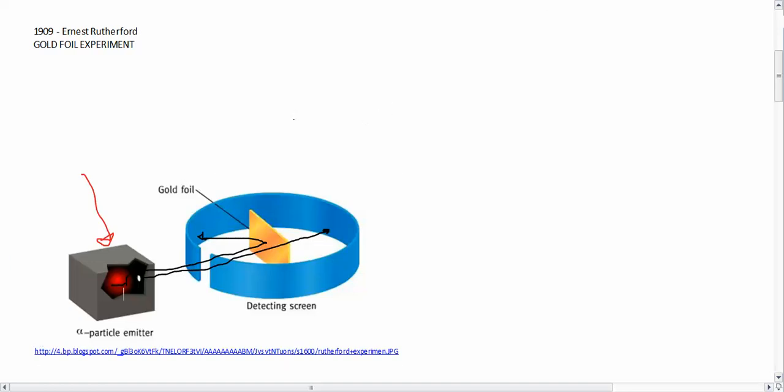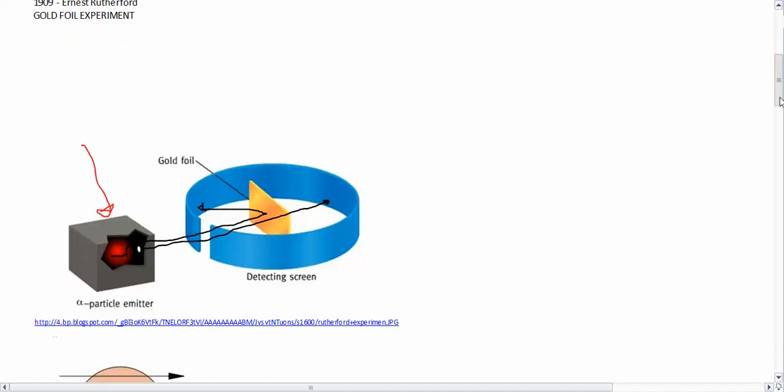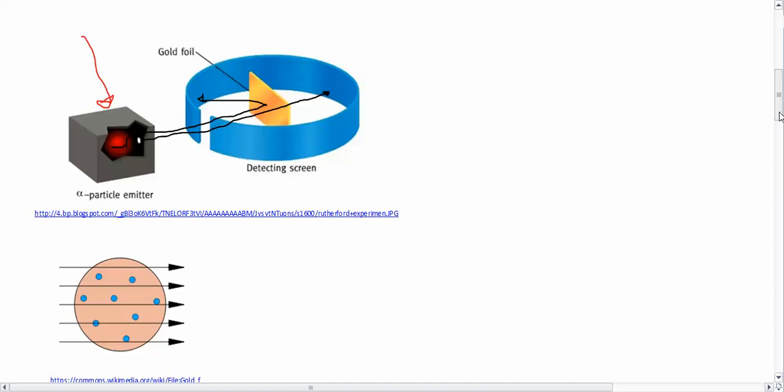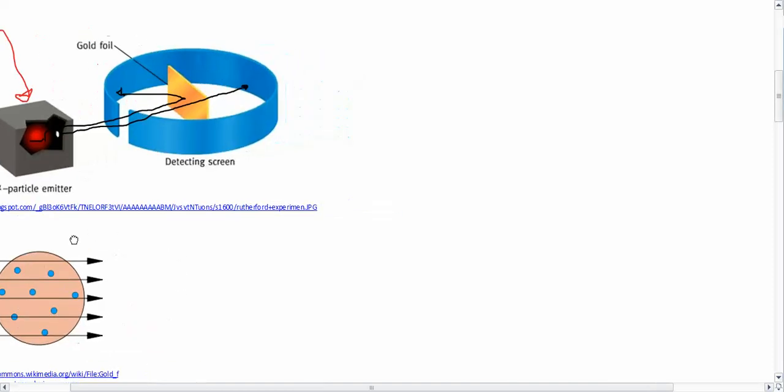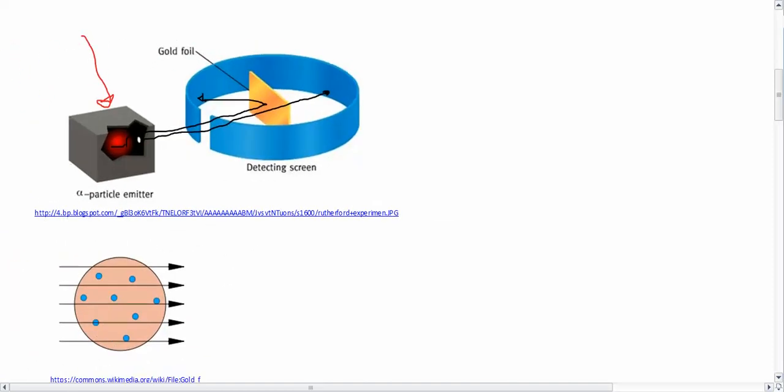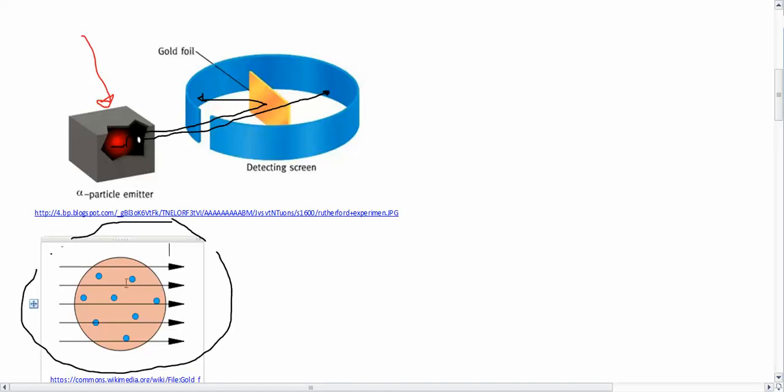So first, like any good scientist, we need to make a hypothesis. So if it's 1909 and we're Ernest Rutherford and we believe in J.J. Thomson's model of the atom, we should predict that the alpha particles are going to go straight through. And that's what you see in this model right here at the bottom. So in this model, we've got J.J. Thomson's atom.